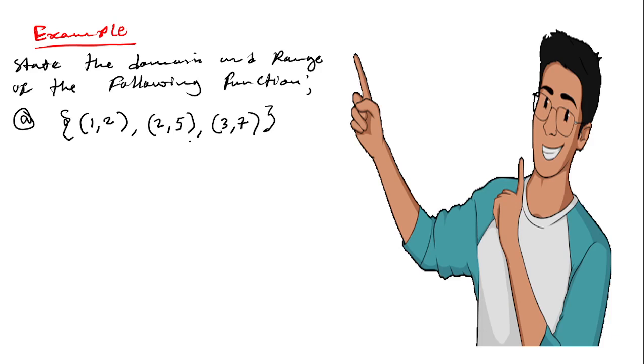Simple. Very simple. When you are looking for the domain, you just go there. The first numbers or the first members, they are your what? They are your domain. Okay.